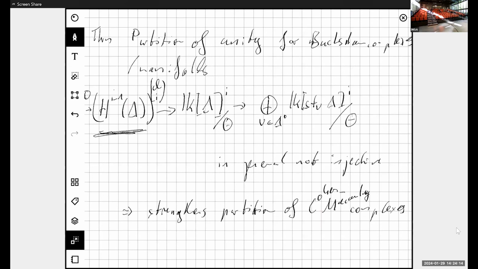I introduced this object of phase rings, these polynomial functions, and these two are related. And then there's this third object of Minkowski weights, and these Minkowski weights allow you to basically understand this map directly. But let me not go into this and leave it here.